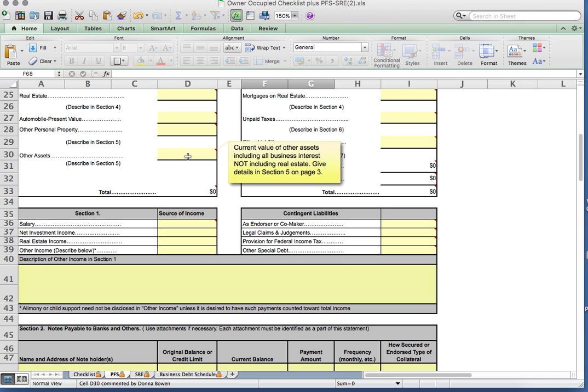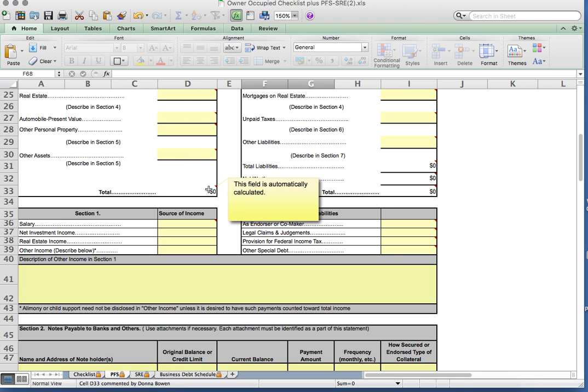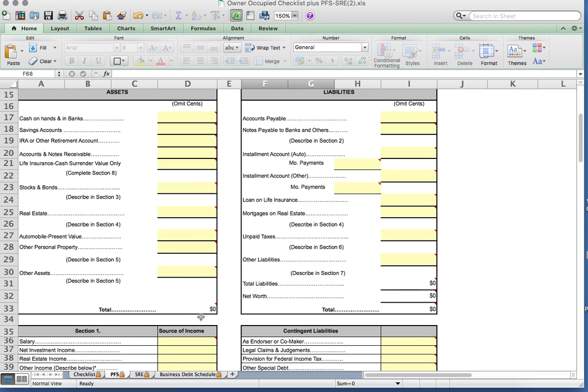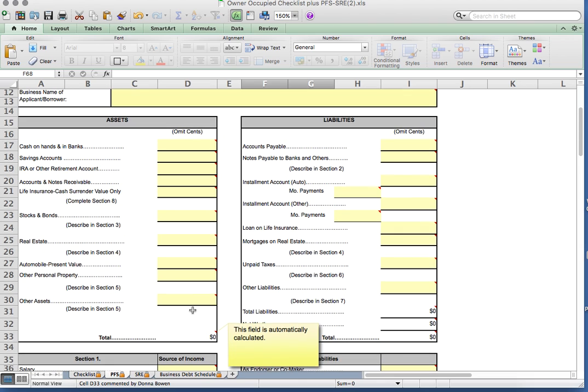So if, for example, you own 15 properties in a bunch of different LLCs, what you're going to put is the net worth of those assets minus liabilities in this particular section in order to get a final and total number that calculates all of these figures right here and sums them up.